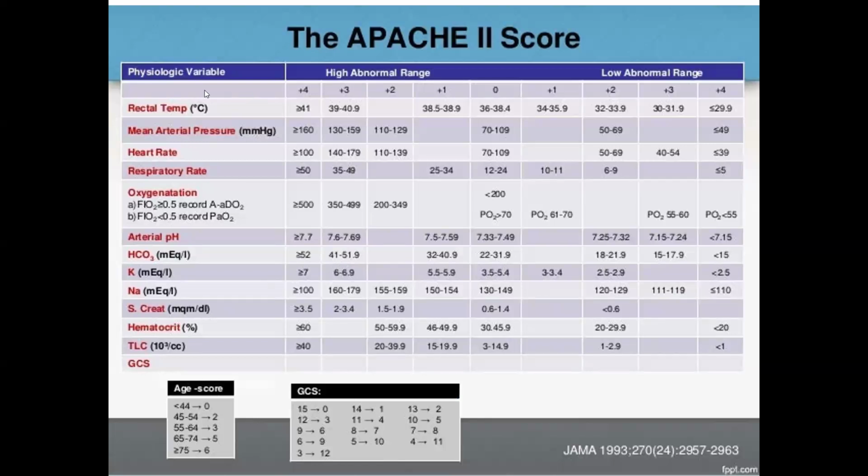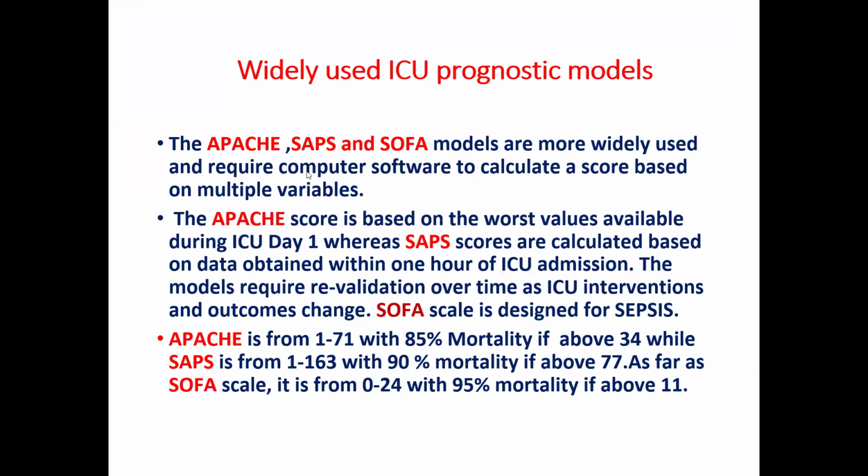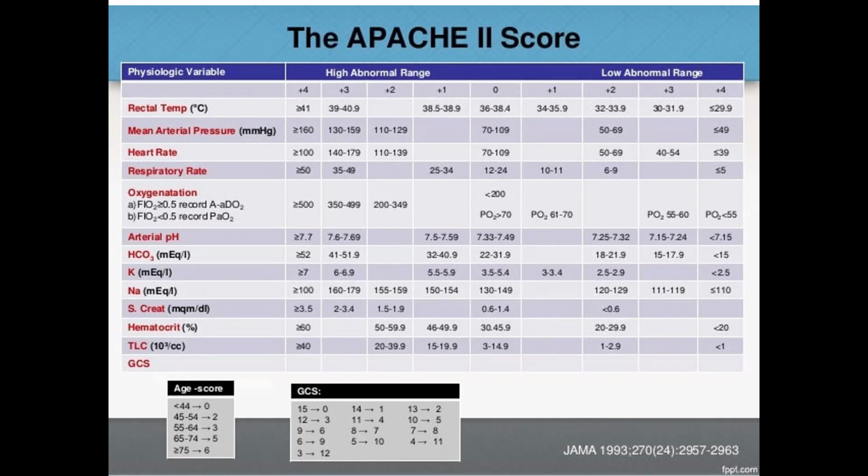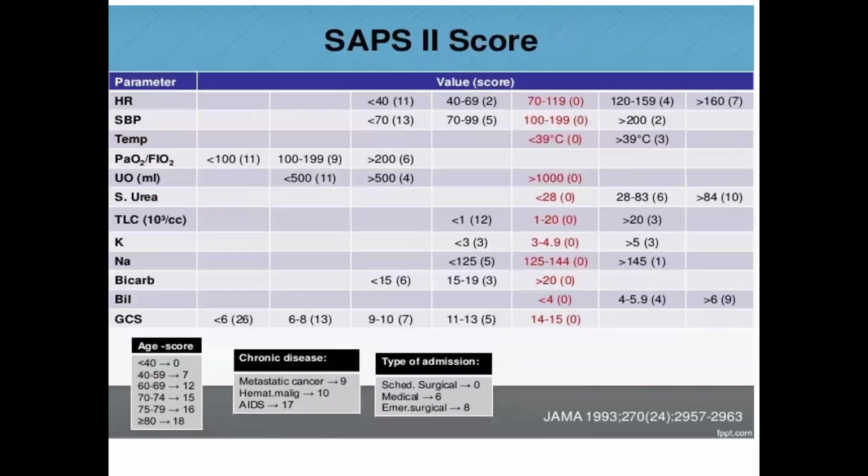APACHE, okay, these are the physiologic variables. And then you have the age, you have the Glasgow Coma Scale. And we said this one is from 1 to 71. SAPS is from 1 to 163.